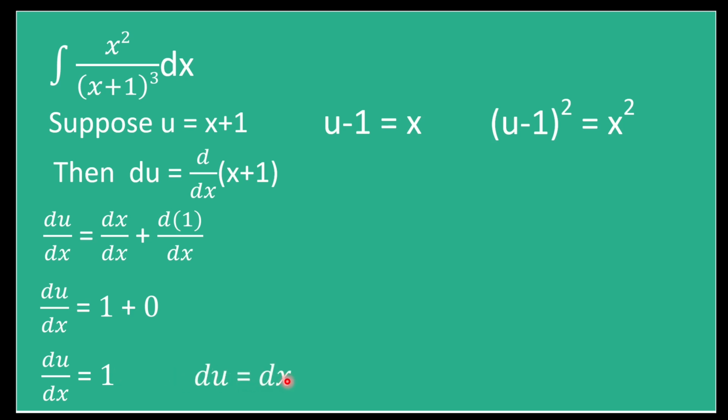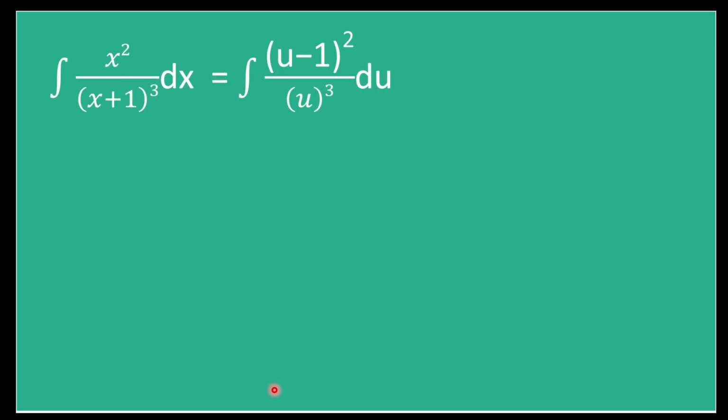equal to dx. So now we will put these values: we have x squared equal to (u minus 1) squared, and x plus 1 equal to u, so we will put u cubed, and dx equal to du.